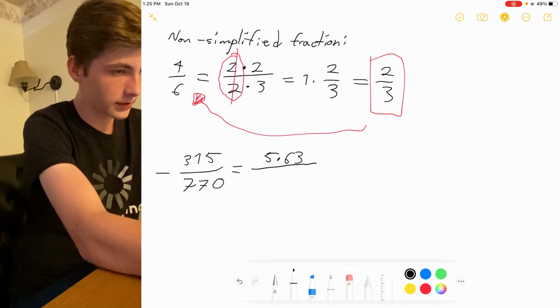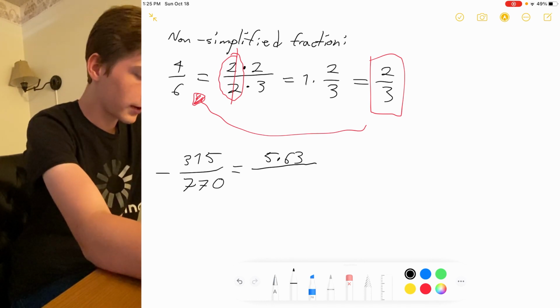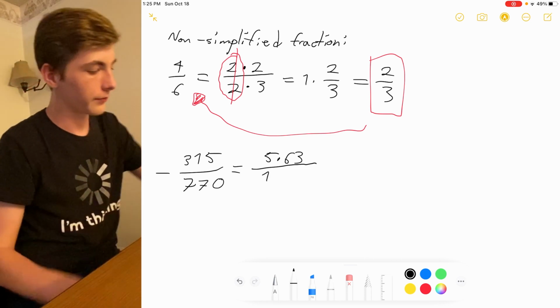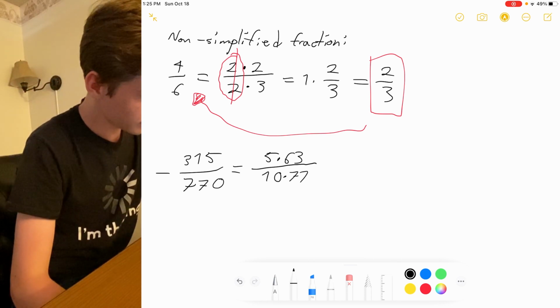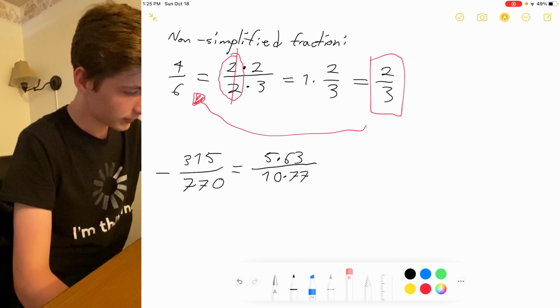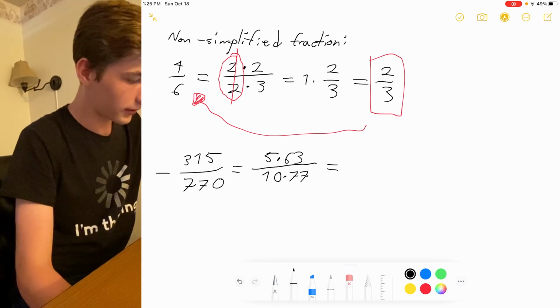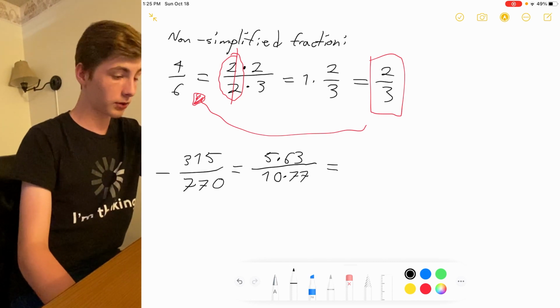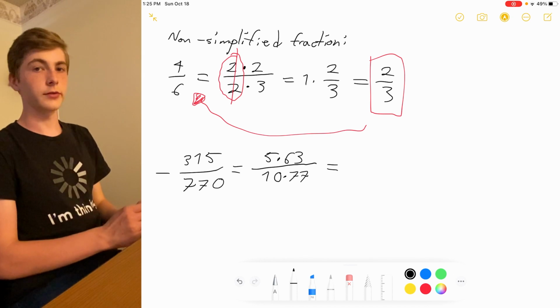And we're just going to go step by step with this. 770, it's easier to divide by 10 in this case than by 5. So this is going to be 10 times 77. Okay, so what's 63 divisible by, right? It turns out this is also divisible by 3.